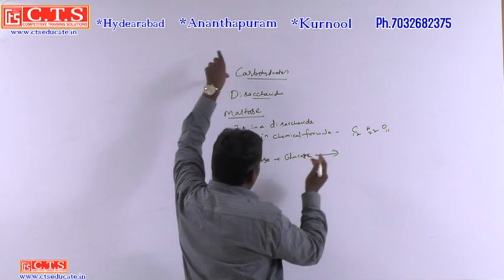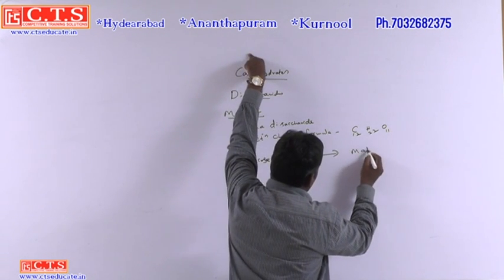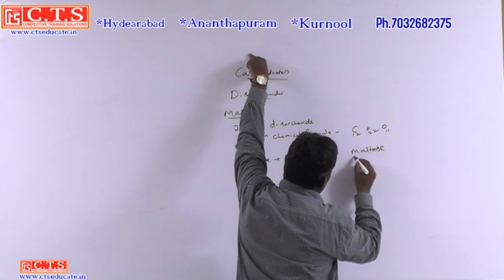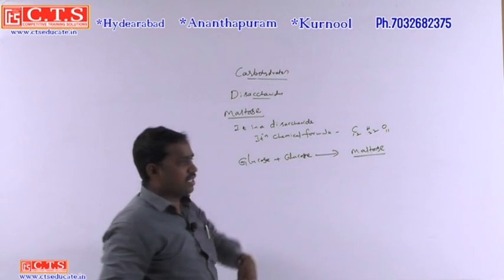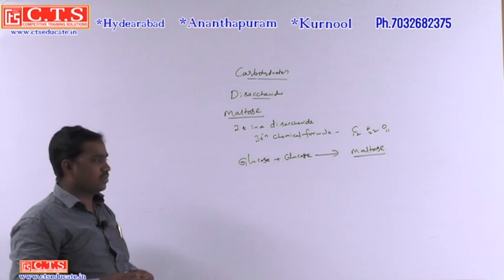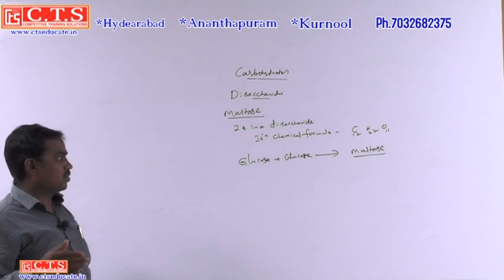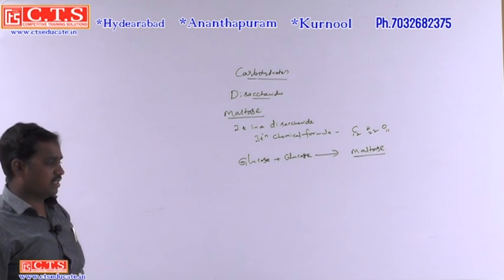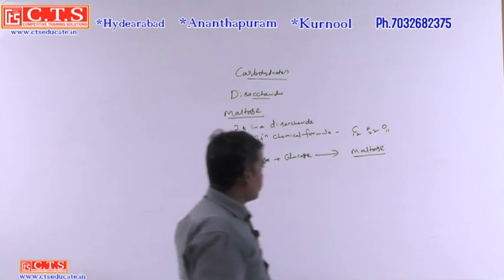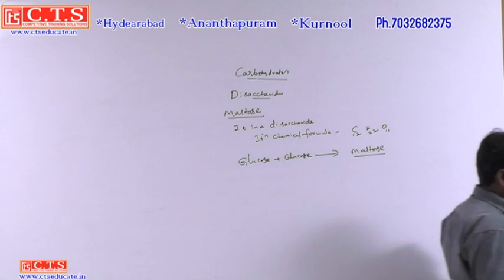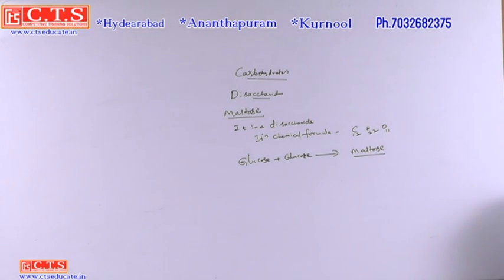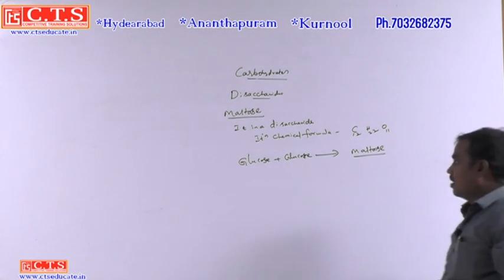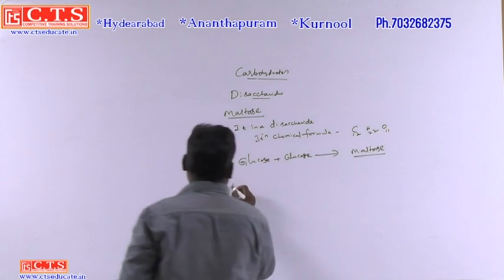Both monosaccharides are present in maltose.